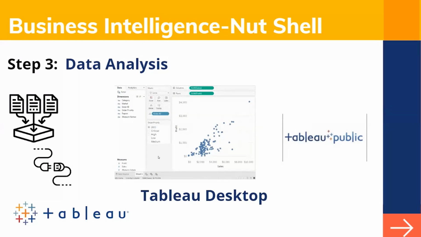One more category that you have is called Tableau Public. Why is Tableau Public available? It is, of course, a kind of desktop version only, but the difference between Tableau Desktop and Public is that Public is meant for money-saving users.